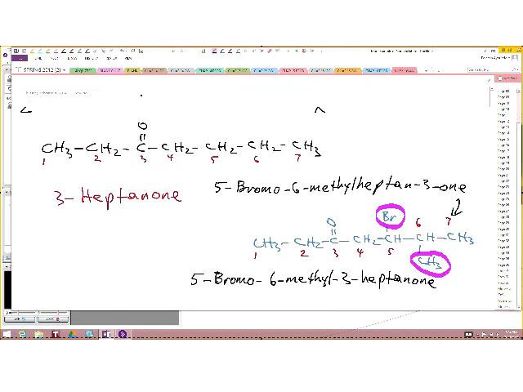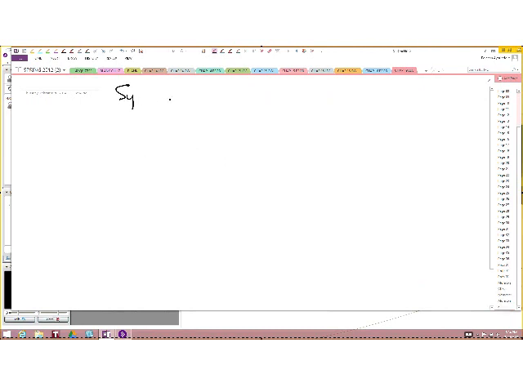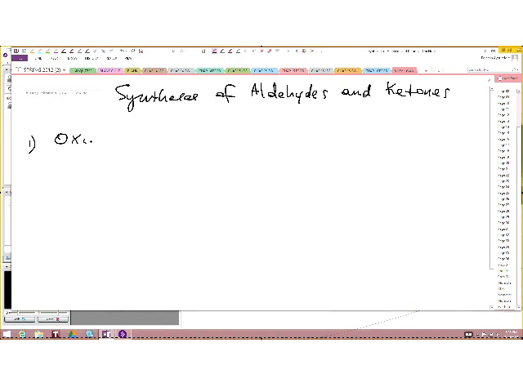So let us start with the oxidation of primary alcohol.